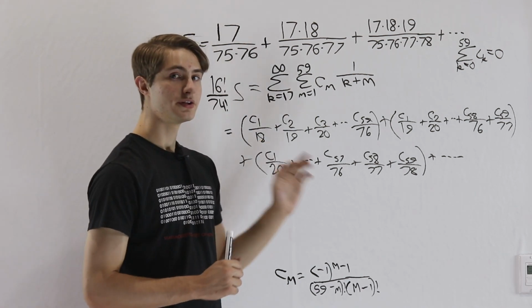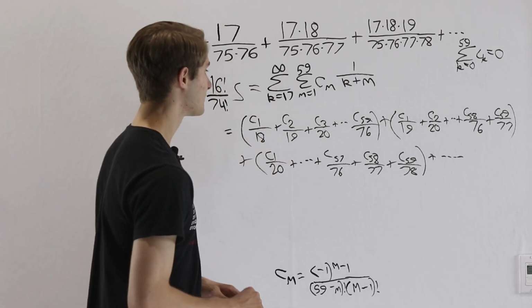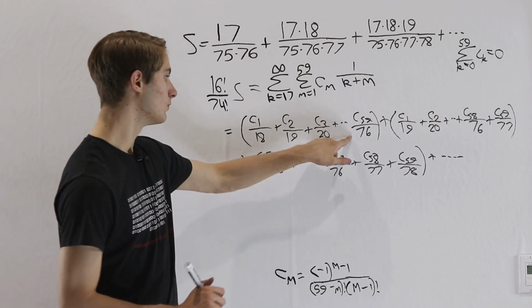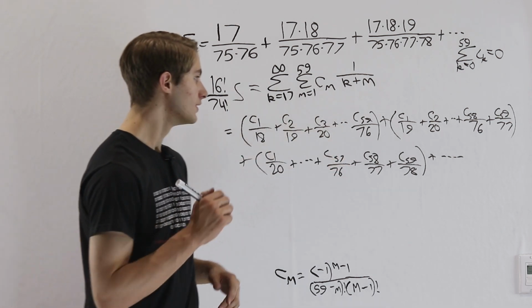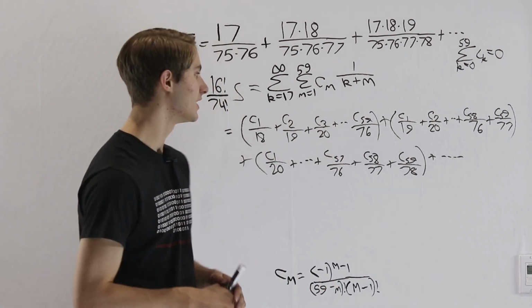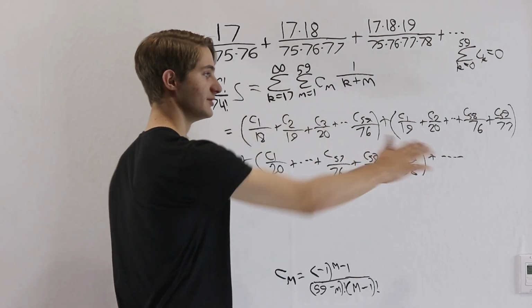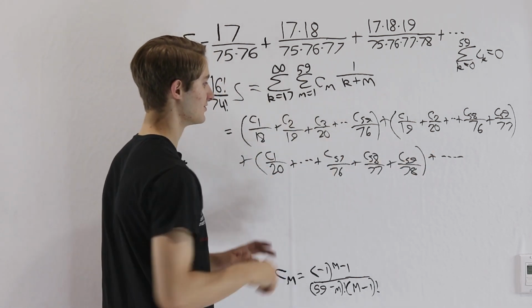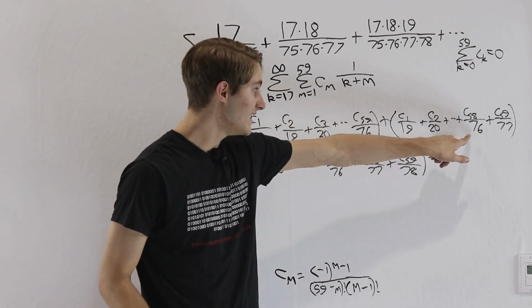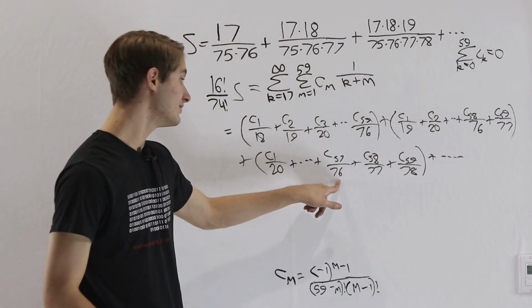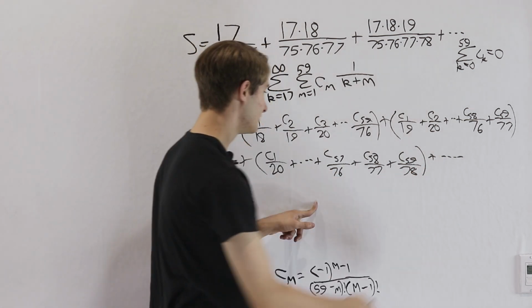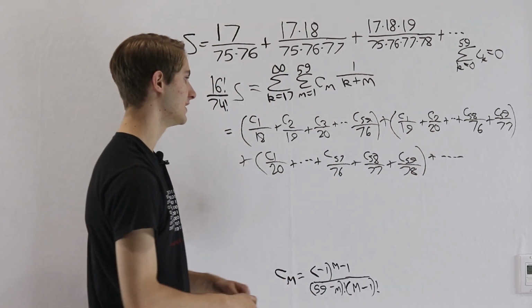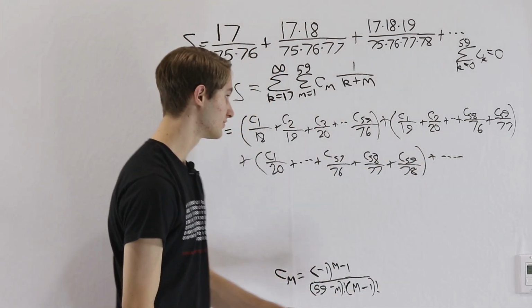So let's think a little bit about what happens here. Consider the denominator 1 over 76. What constants get multiplied by 1 over 76 in this giant sum? Well, we see c59 gets multiplied by 1 over 76 here. c58 does as well. c57 does. In the next term, c56 would get multiplied by it, then c55 and c54 and so on.